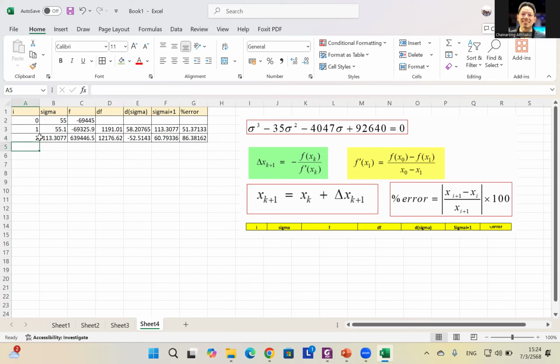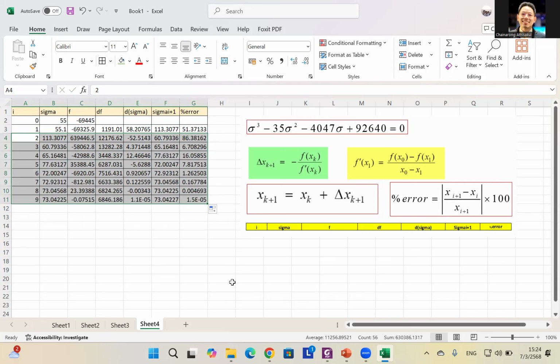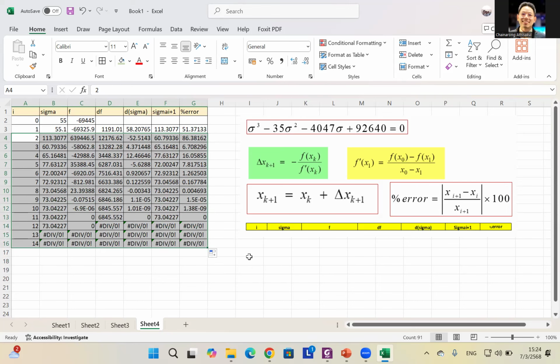What happens? What do you think? Is this okay? Does it converge or not? It converges, right? Converges to which value?